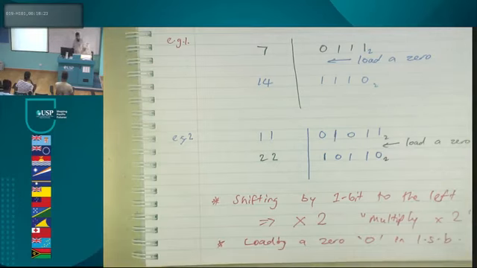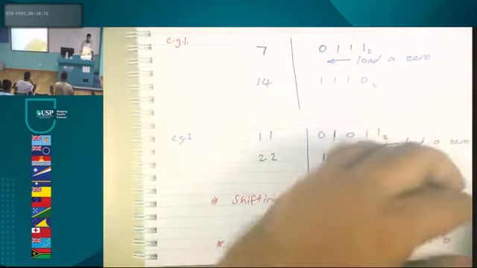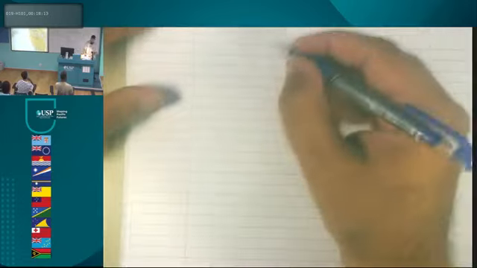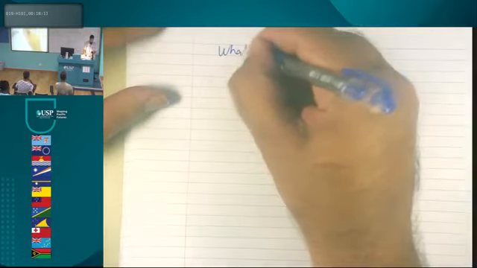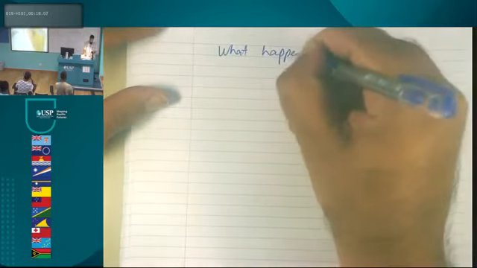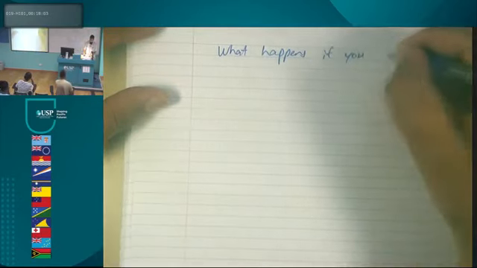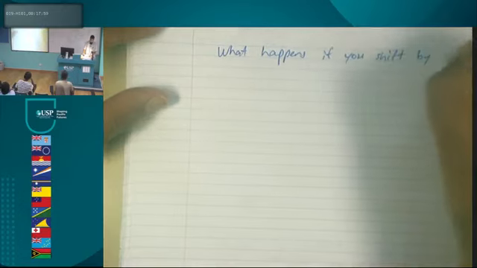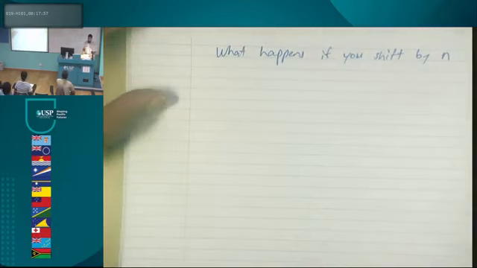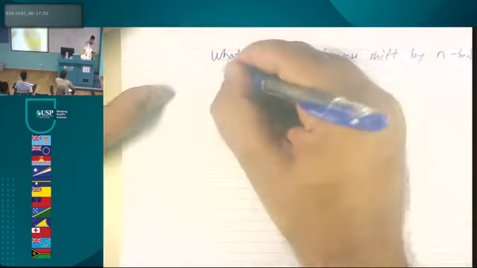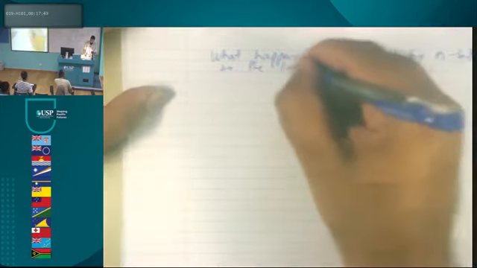Guys, now it's homework. Not homework. Let's consider what happens if you shift by n bits to the left.